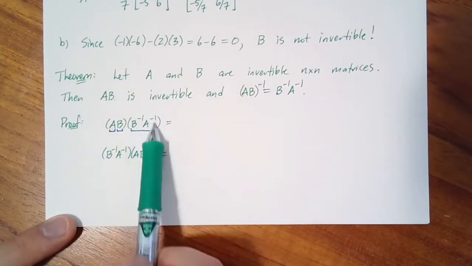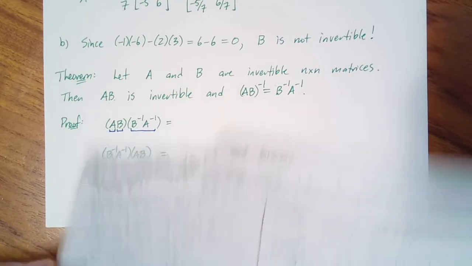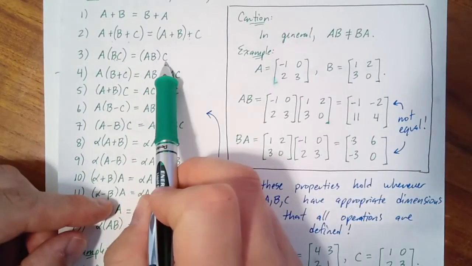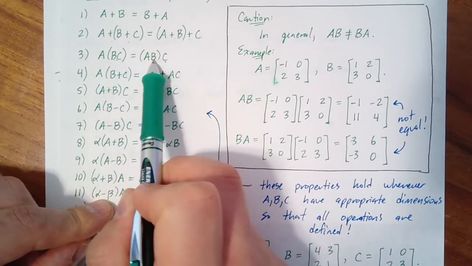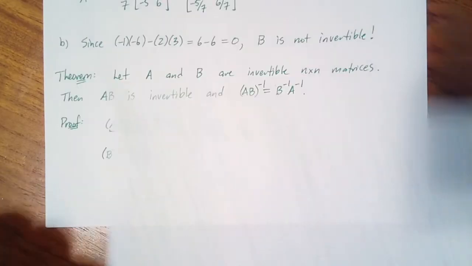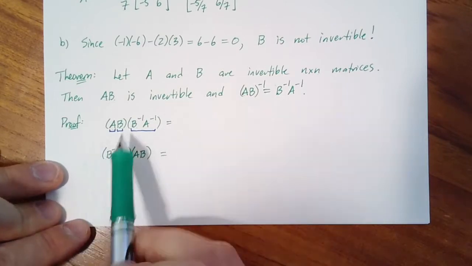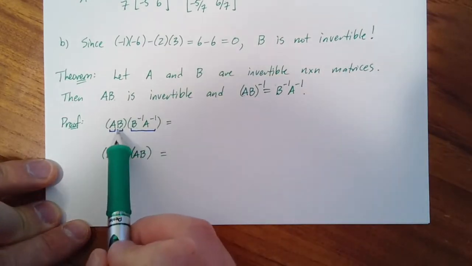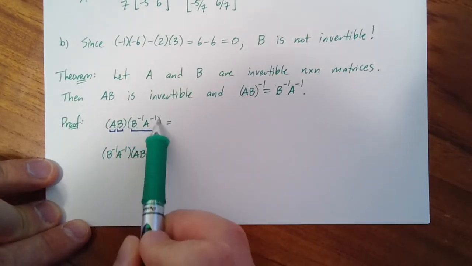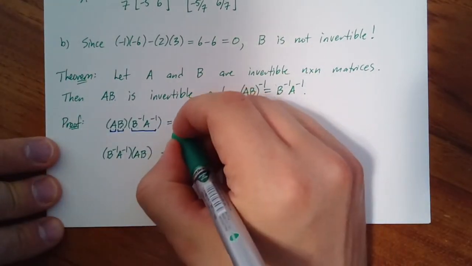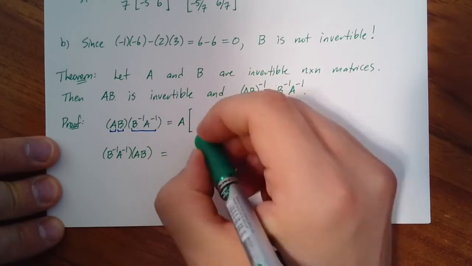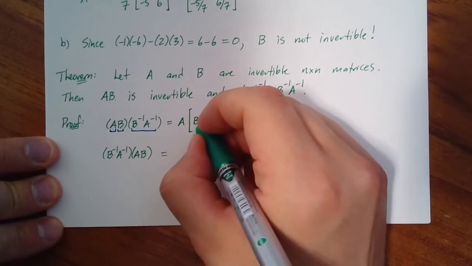Think of this as like the C in this line here. And this property says I can shift the brackets over to the right and multiply these two first and then multiply the A on after. So I'm going to rewrite this expression so that the B and all of this is multiplied first, and then the A will be multiplied on after. So I'm going to use square brackets to make this clear.